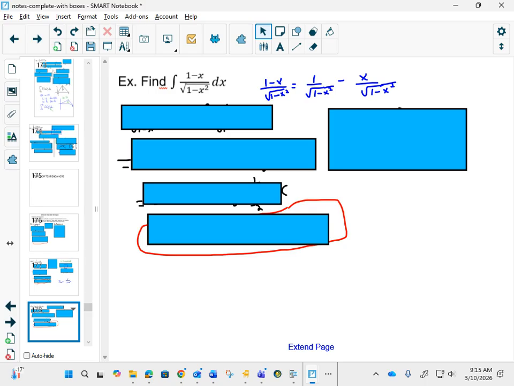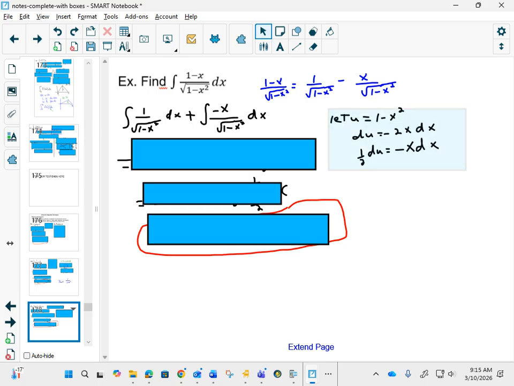If I take this and unadd the fractions, we'd have the 1 over the square root of 1 minus x squared, minus the x over that. We can split this up into two separate integrals. The one on the left is perfectly sine inverse.